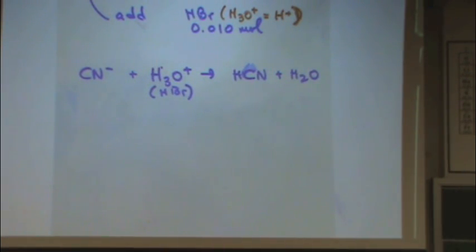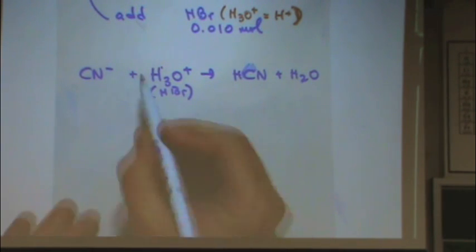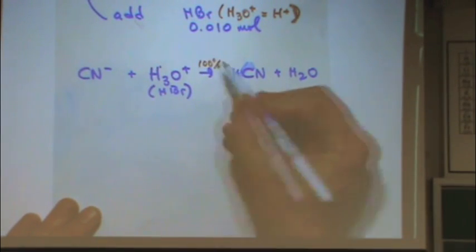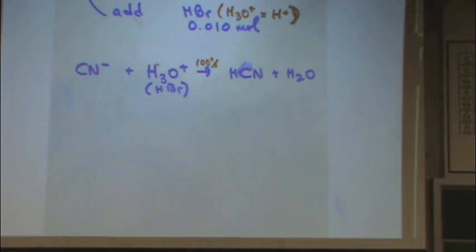I wrote a single-headed arrow. Does anybody know why? I have a strong acid HBr, and that drives the reaction 100% to the right. So which side is the favored side, products or reactants? Definitely the products. Does that mean K for this reaction will be large or small? Very large, okay?